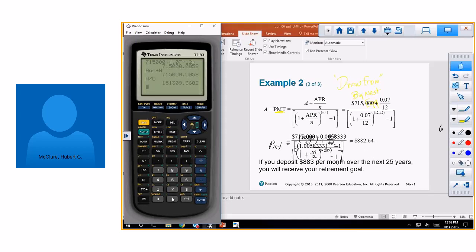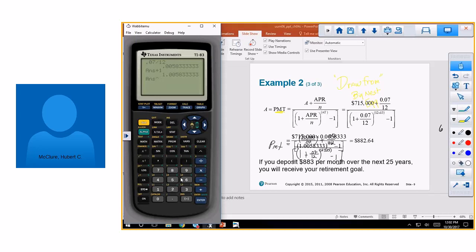All right, let me do it again. I'm going to ignore their 15 because I don't think that's right. All right, 0.07 divided by 12 plus 1 raised to the what?